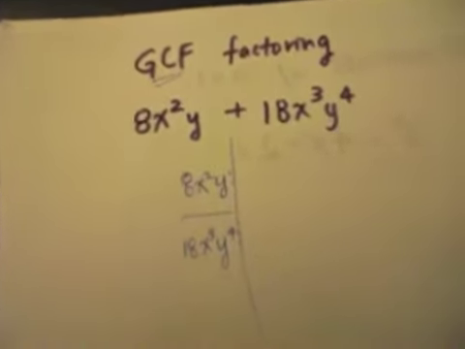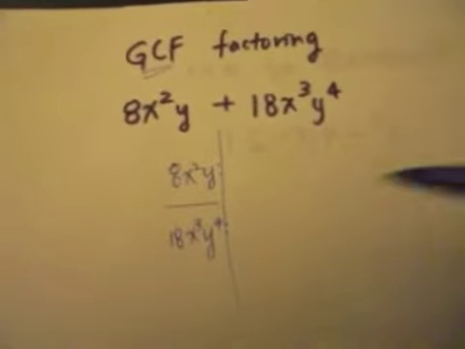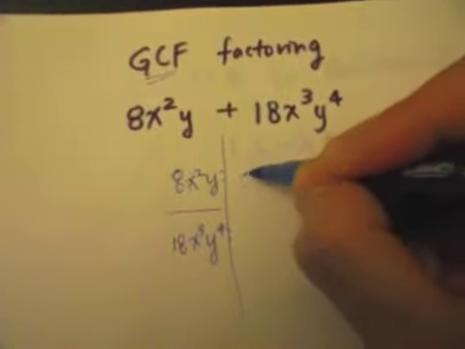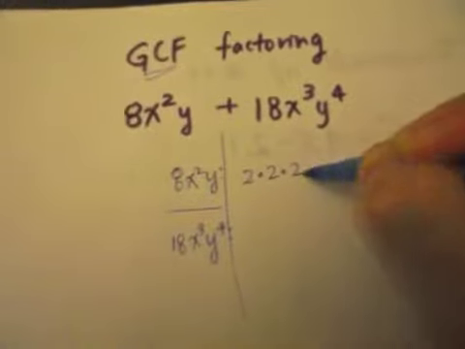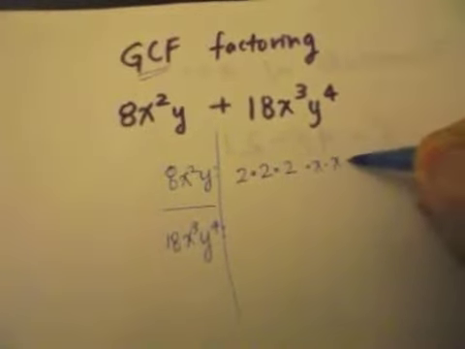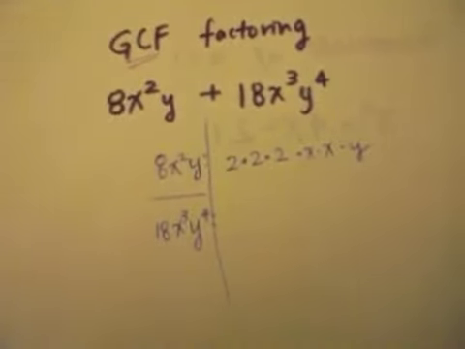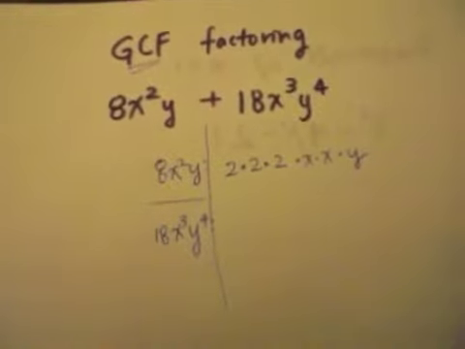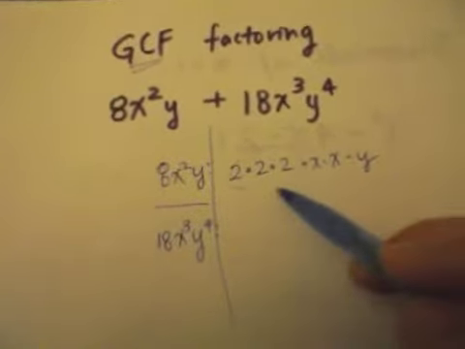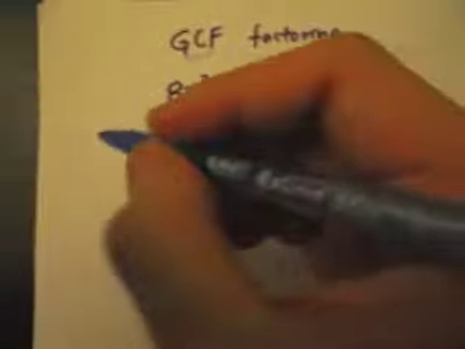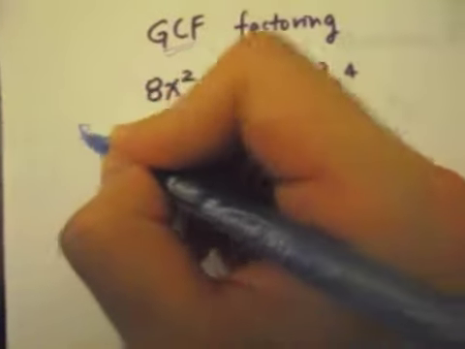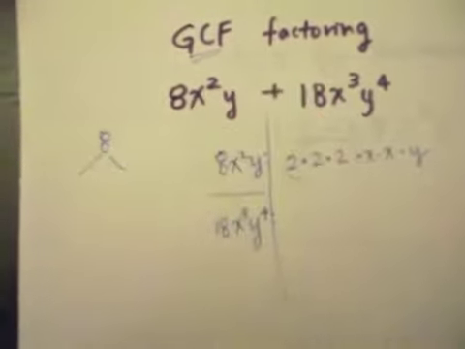So I know that 8x squared y is going to break down into 2 times 2 times 2 times x times x times y. And again, if you're having trouble seeing this, on the side you can just quickly break down your factor tree.